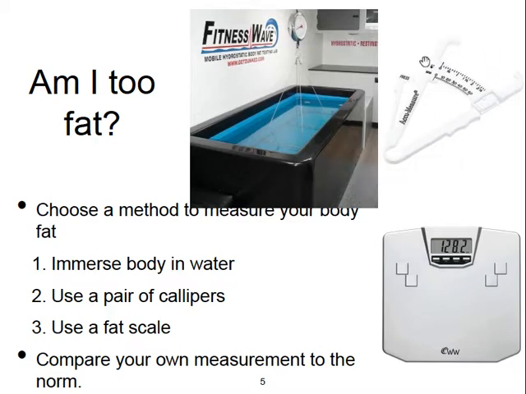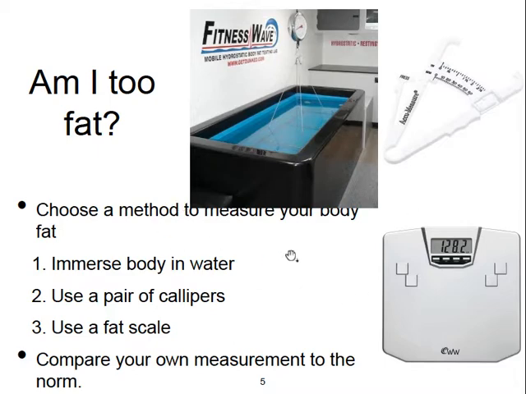There's also another one using calipers like this. You grab different parts of your body like this, and by measuring the thickness in different places, you can calculate the body fat.